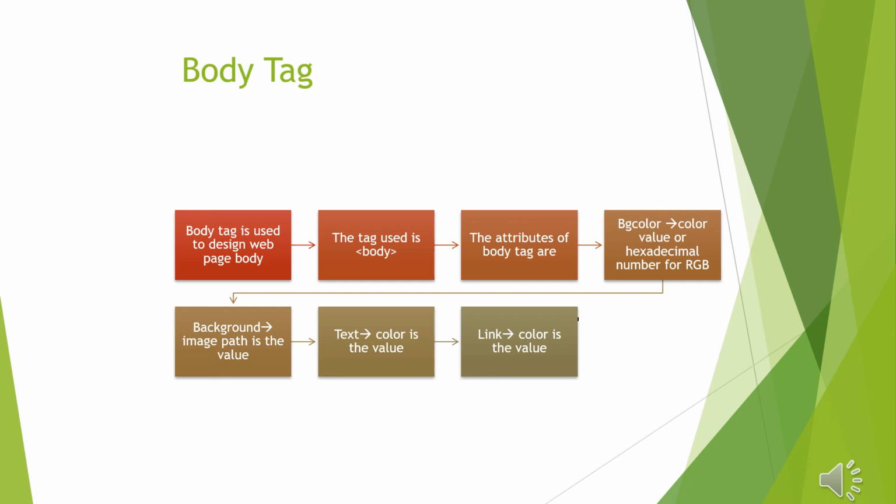So that whole path, along with the extension, you have to write for background. You cannot have BGCOLOR and background at the same time. It can be either BGCOLOR or background. If you write both, then the one which you have written at the end will be the one which gives the effect.